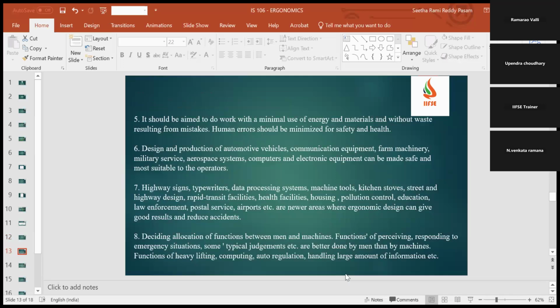Then it should be aimed to do work with minimal use of energy and material, and without waste resulting from mistakes. Human error should be minimized for safety and health.